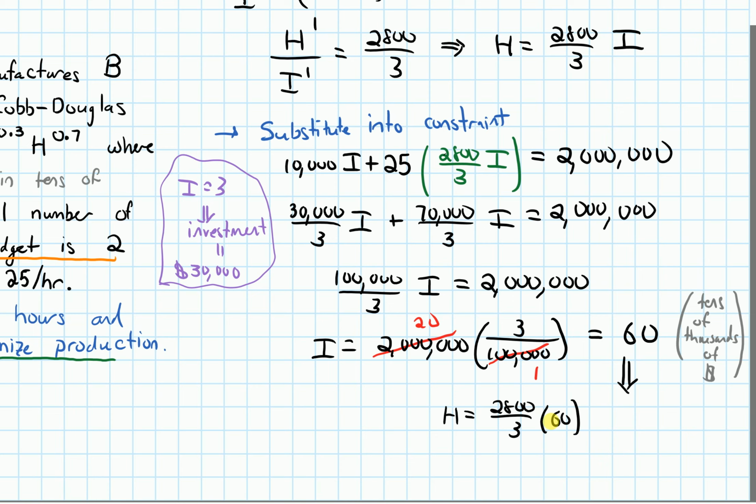And 60 is divided by 3 evenly. That'll give me a 1 on the bottom and a 20 here. And 20 times 2,800 gives 56,000. And the units of H are hours. They're the total number of employee work hours during this year.